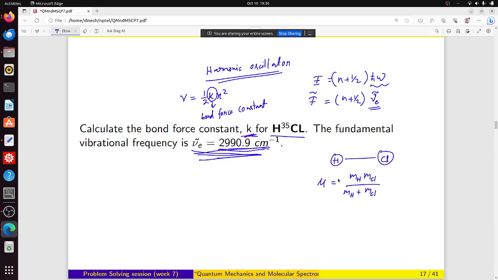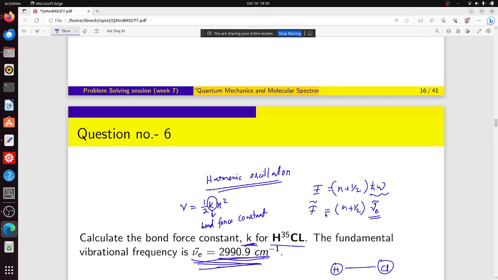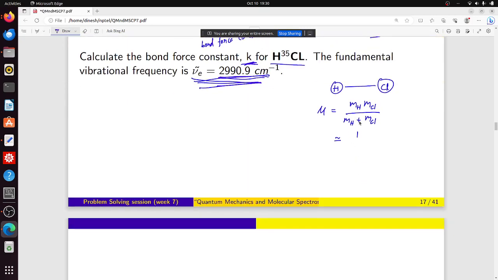So approximately I can take this m_H to be 1, times 35 by 1 plus 35 atomic mass unit.